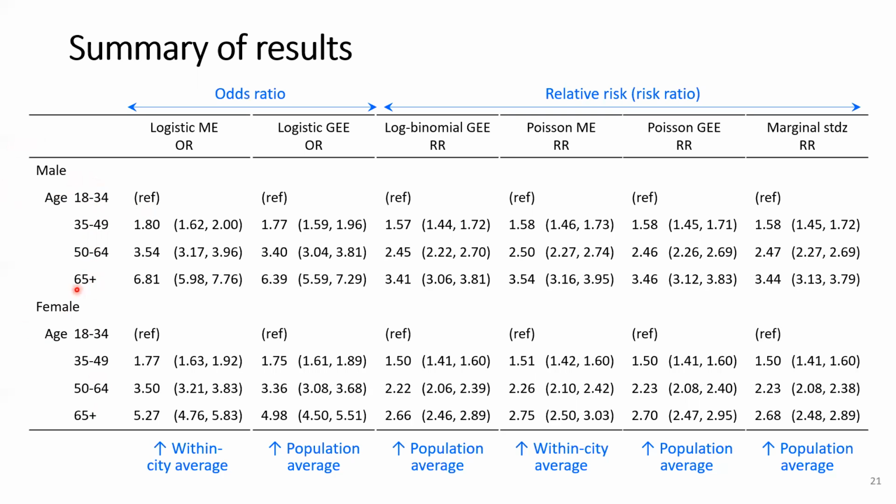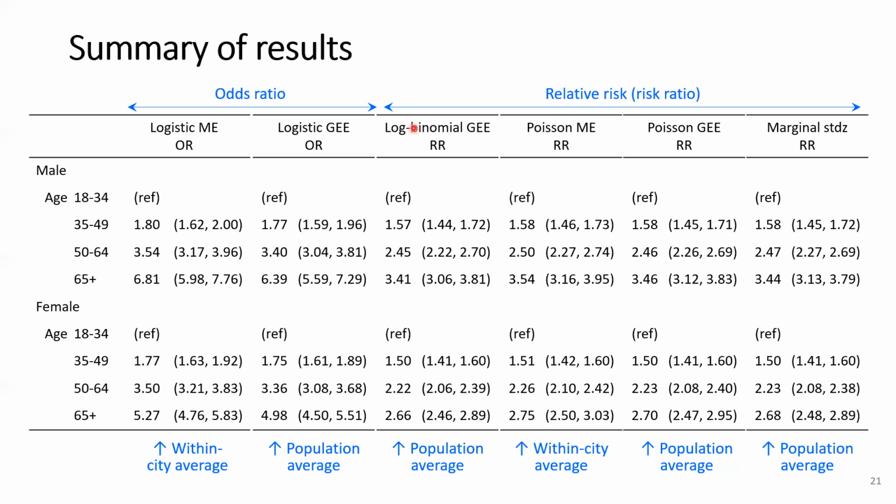As you can see here, for example, for males aged 65 plus, the odds ratio is 6.8, meaning the odds of poor health is 6.8 times higher as compared to the youngest age group. But I said the odds is 6.8 times higher. It's not a risk.